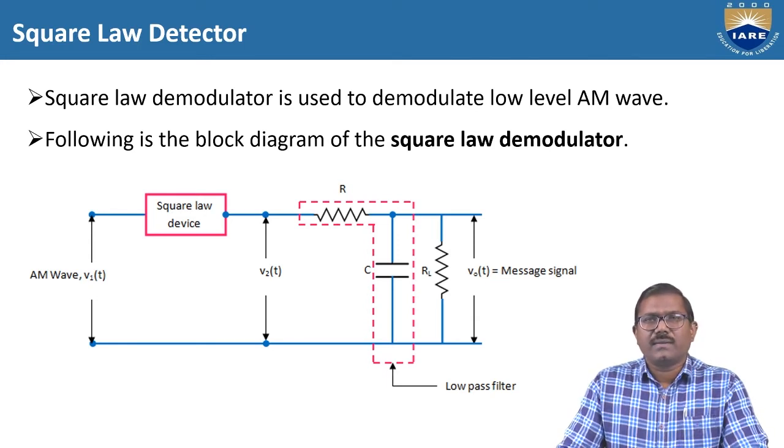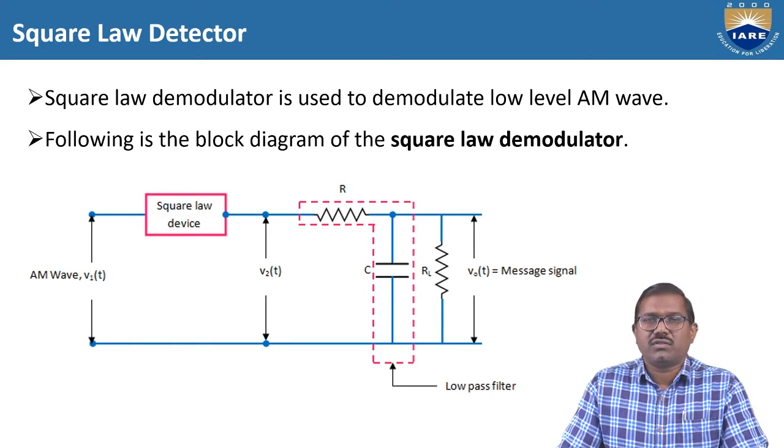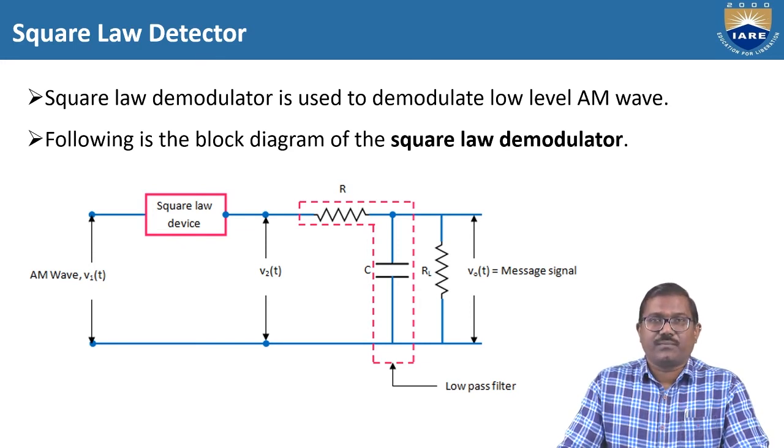We are giving the input signal as an AM wave, that is the amplitude modulated signal, which is applied to the square law device. Already it indicates the square law. Square law device means it is nothing but a diode. Already we discussed it in the square law modulator.